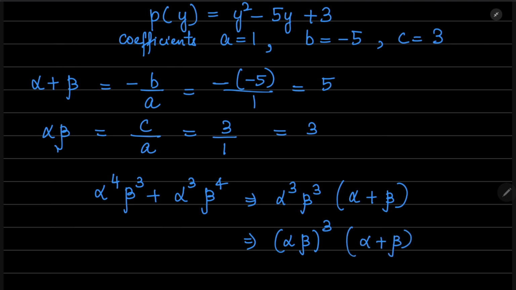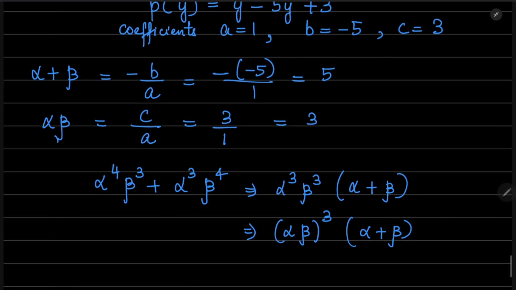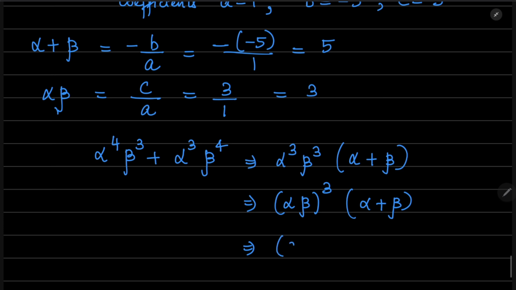I always have to make sure I have it in the form of sum of zeros and product of zeros. Alpha beta is 3, so 3 cube, and alpha plus beta is 5. So 3 cubed is 27, multiplied by 5. 27 into 5 is 135, which is the correct answer.